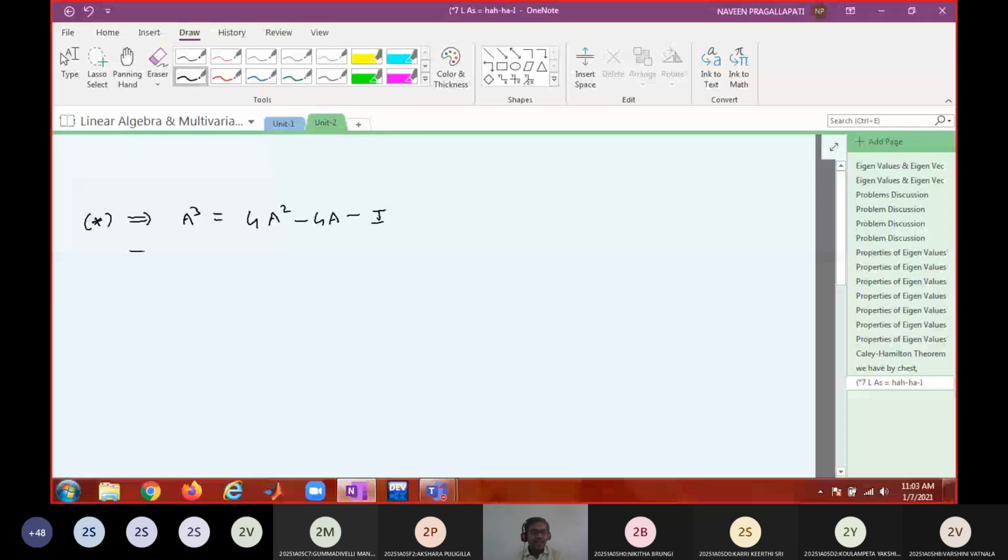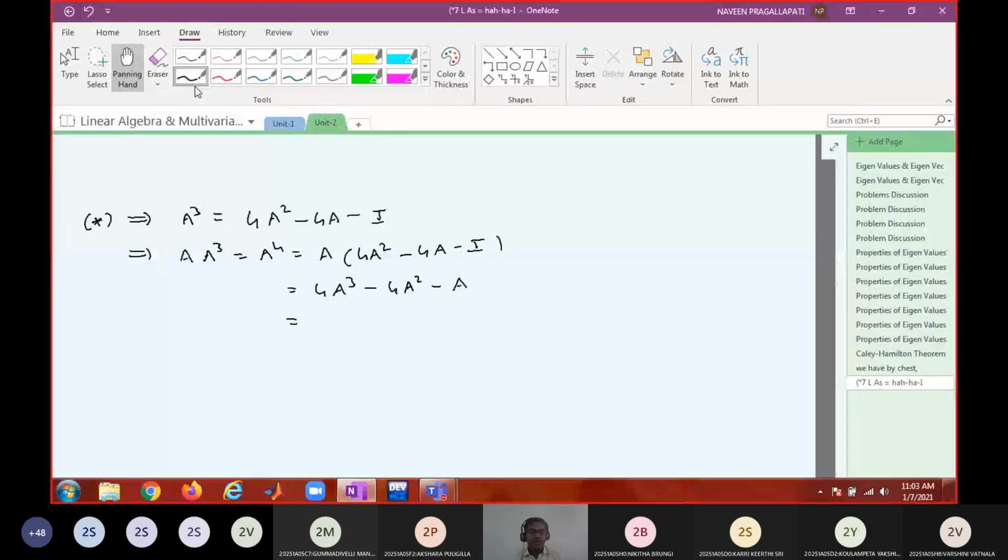So this implies that you pre-multiply both sides with A. Now what is this? A power 4 is 4A cube minus 4A square minus A. But what is the expression for A cube? It is this one.